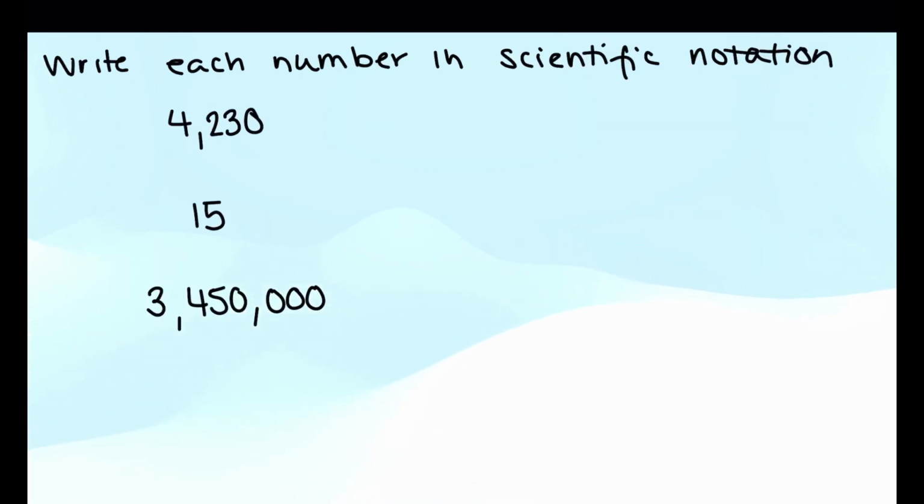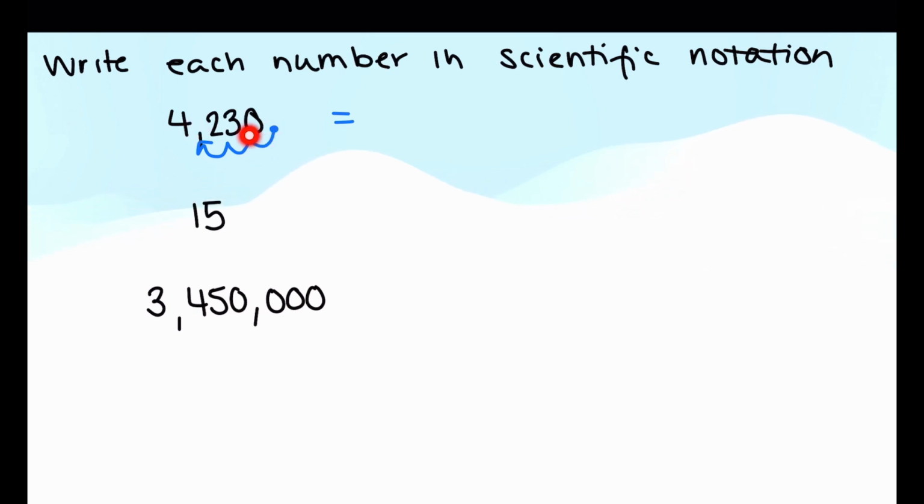If we want to go in the opposite direction, if we want to take a number and put it in scientific notation, we're just going to do the opposite. We're going to take the decimal and move it until there is exactly one non-zero digit to the left of the decimal. So with the number 4,230, I'm going to move the decimal so it's between the 4 and the 2.